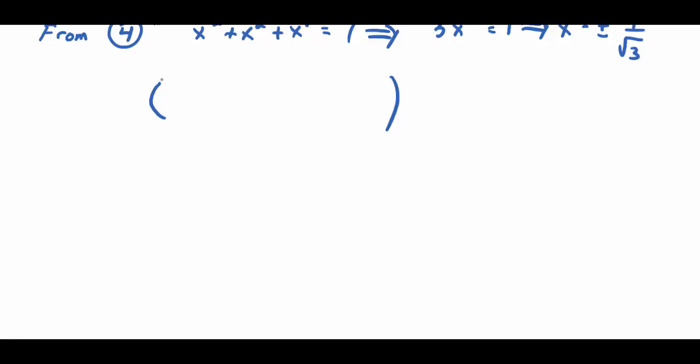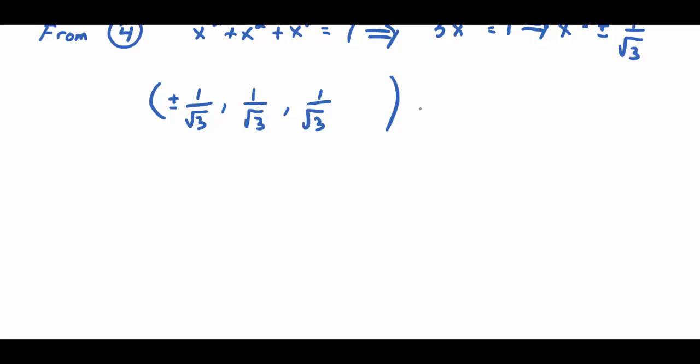So how do we write it so that it makes sense? Well, we could just start with plus or minus 1 over root 3, right? And then I suppose if we start with that, then we could have 1 over root 3 for y and 1 over root 3 for z.